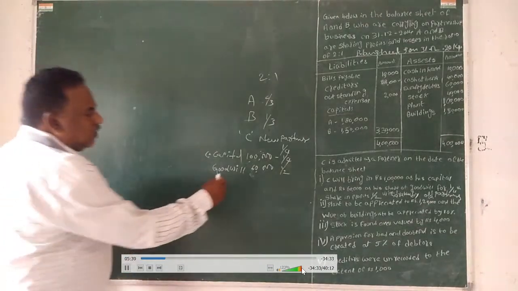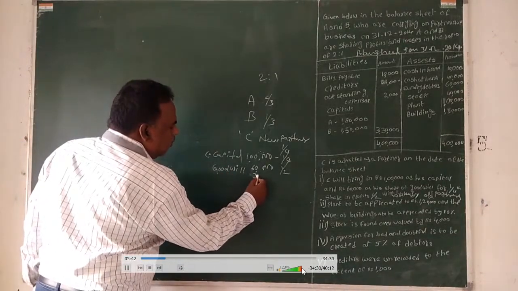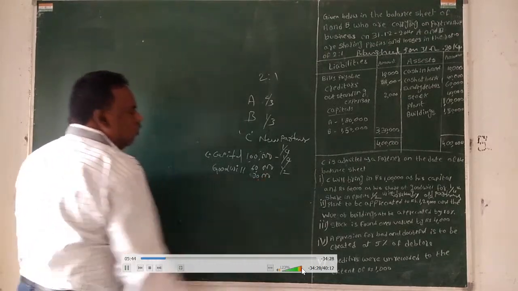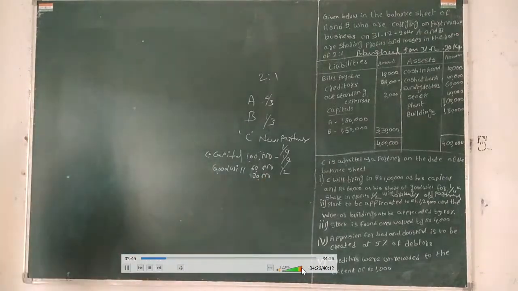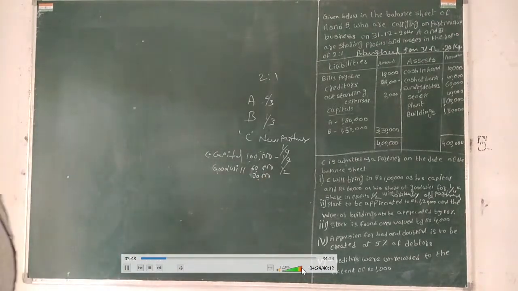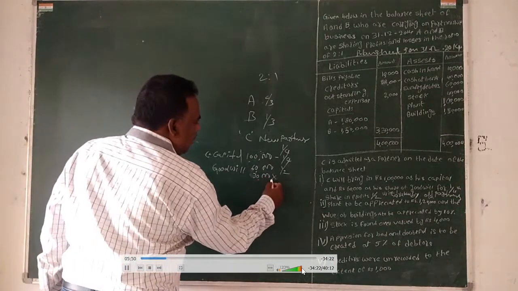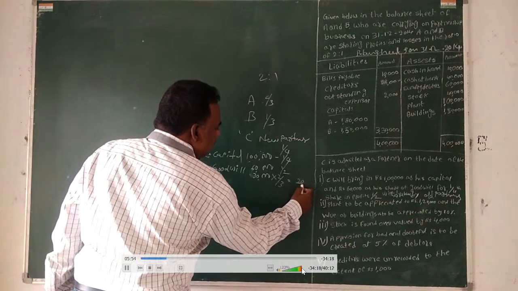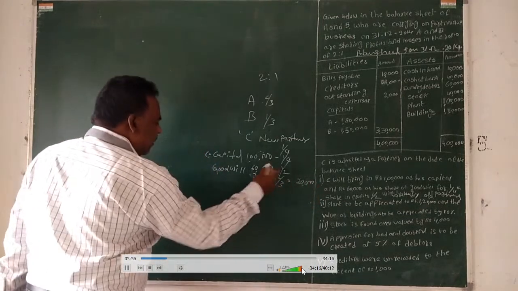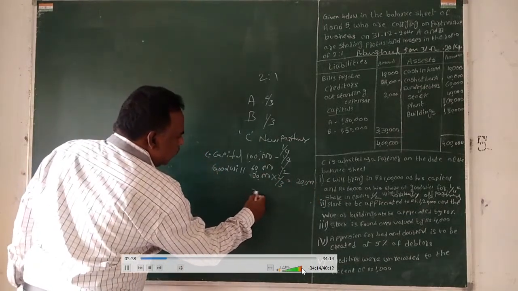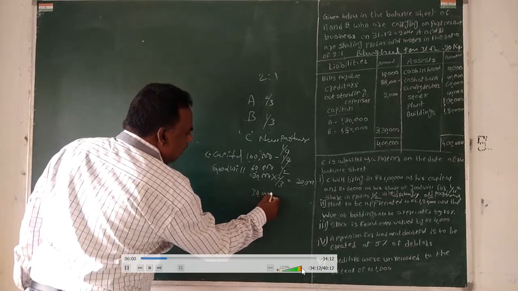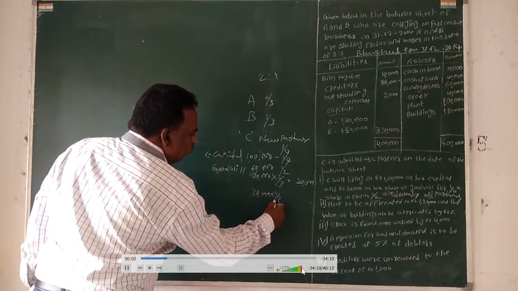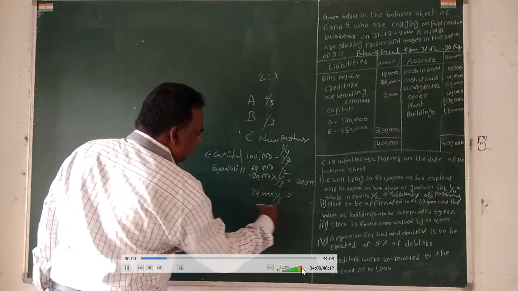So the share of goodwill to A is 20,000, and to B is 10,000, withdrawn by the old partners. Half of the goodwill amount is withdrawn by the old partners.